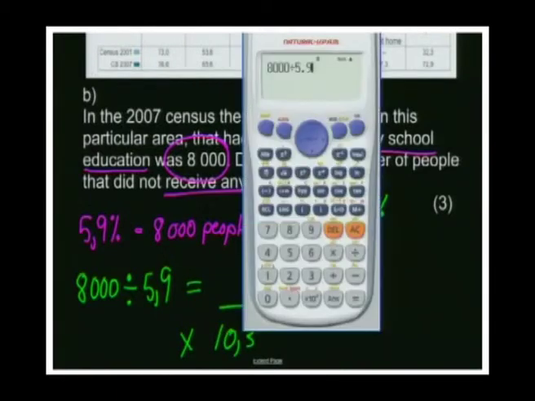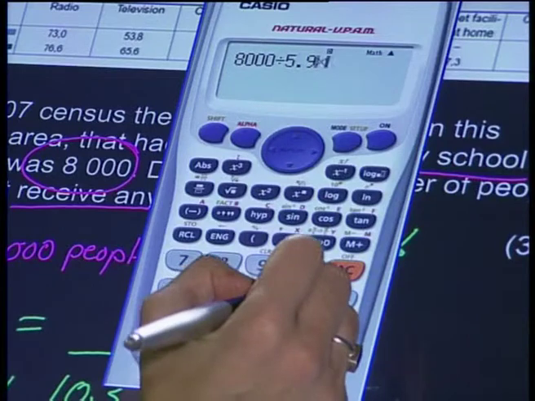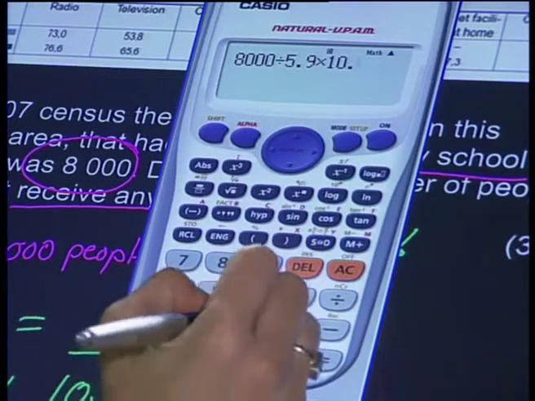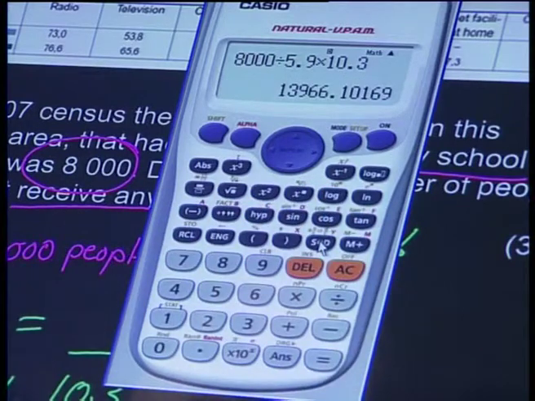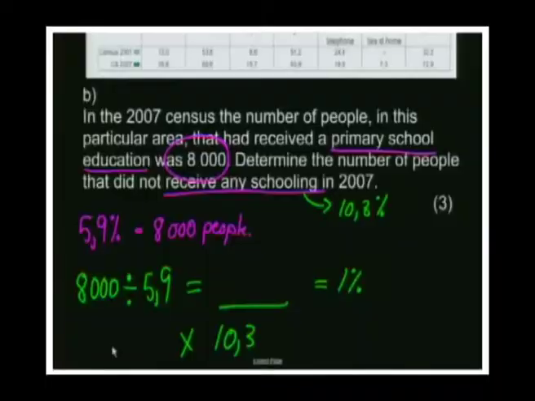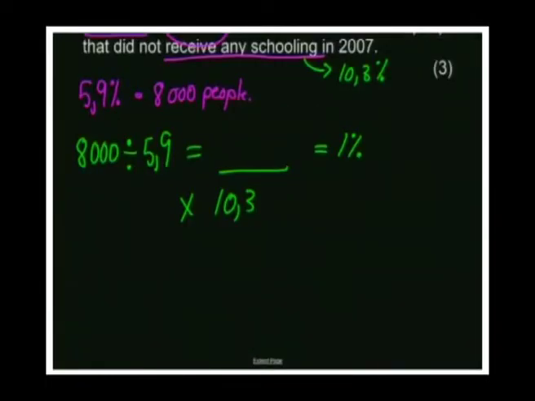And let's do that. Divided by 5.9, multiplied by 10.3, and we get an answer of 13,966 people. And our answer over here is 13,966 people.